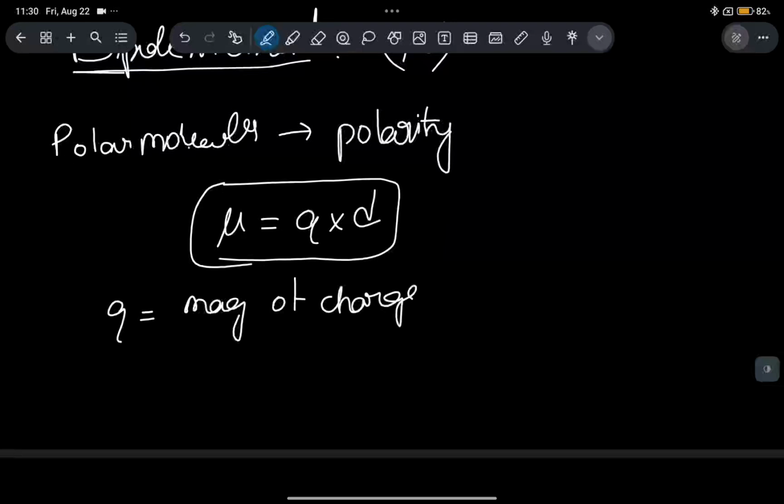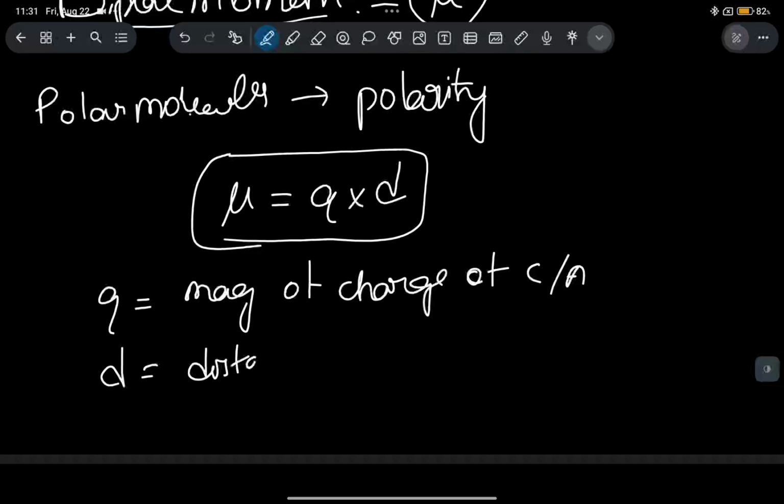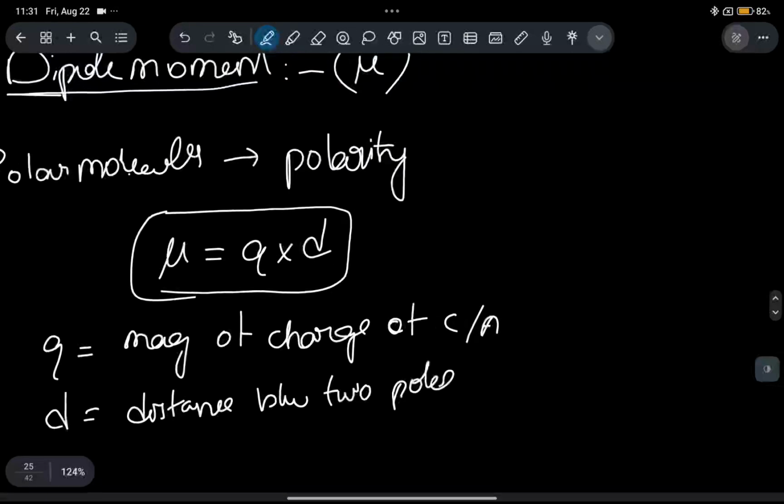If there is any atom, there will be a negative charge and a positive charge on it, so that is the magnitude of charge of the cation or anion. D is the distance between the two poles. Means there is a positive and negative, so there will be a distance between the two poles.